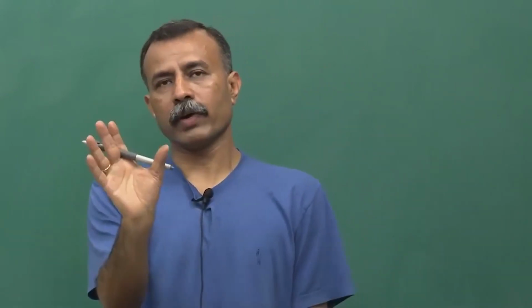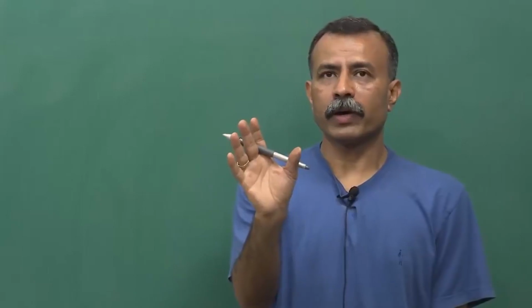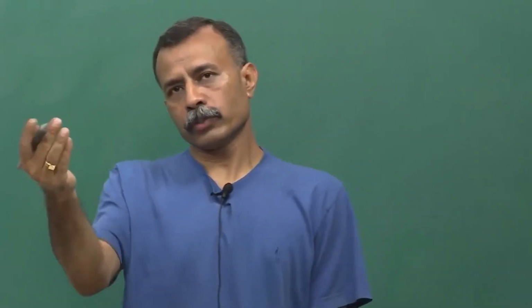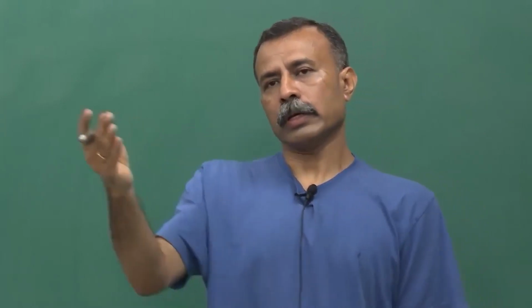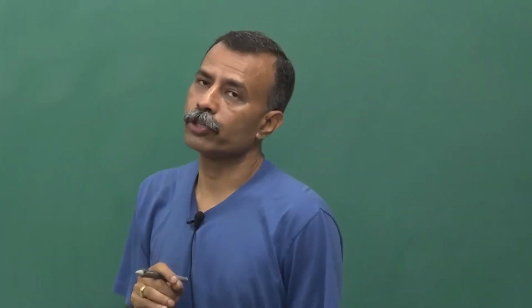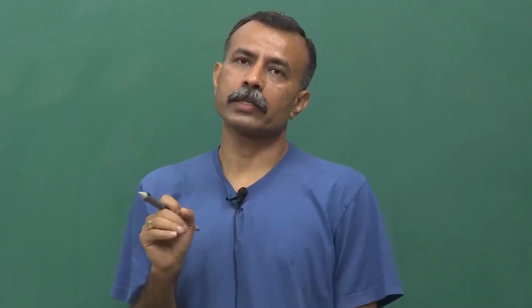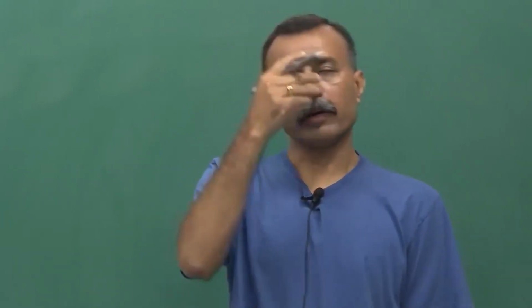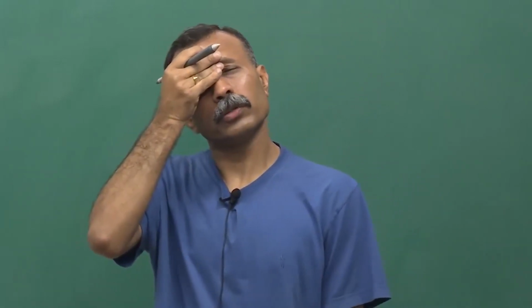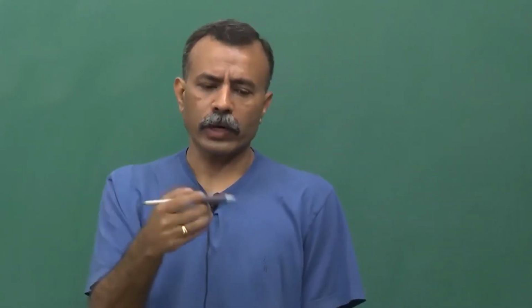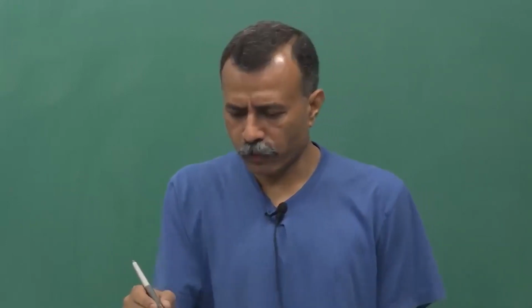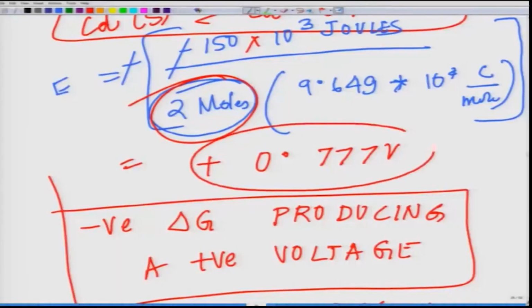So, you multiply by the Faraday's constant, and you are left with E. So, 150 kilojoule per mole divided by n, which is 2, and F, which is the Faraday's constant. You convert the 150 kilojoule into joule by multiplying by 10 to the power 3, and the value we were getting was around, I think, 0.77 or something. If we just do this, this is the value which you obtain.